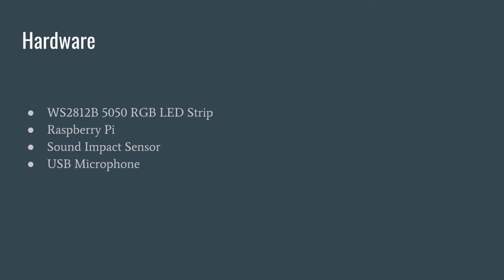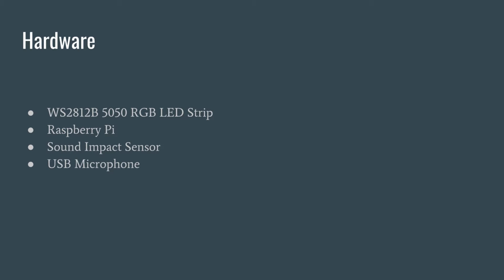Now, let's look at the hardware that was used, discuss alternatives, take another look at the software, and go over the to-do list. The main components of the hardware were a WS2812B RGB LED strip, a Raspberry Pi, a sound impact sensor, and a USB microphone.